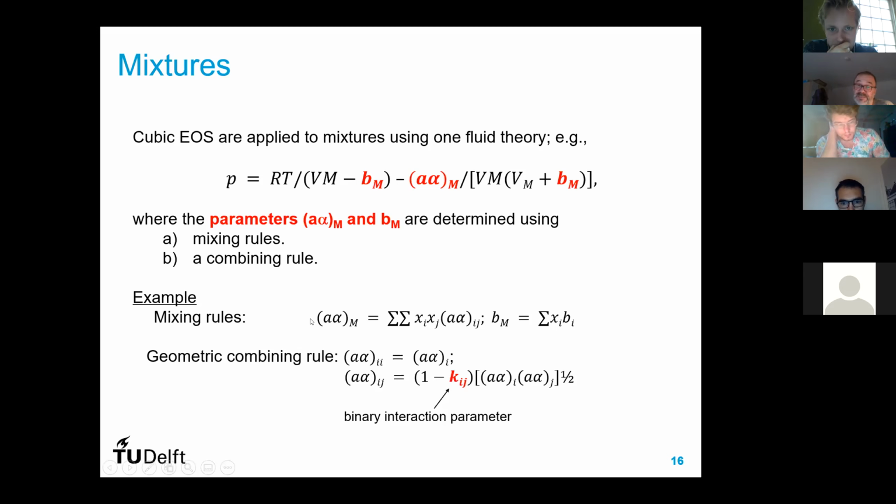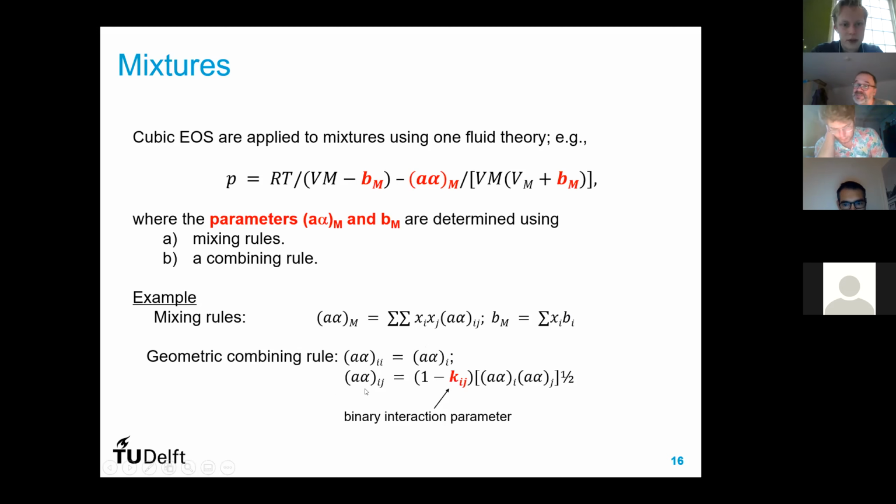And here you can see that if you know X, the concentration of component in phase, and you know your A alpha for each component and your B for each component, then you do these combining rules first. You create this matrix, and on the diagonal you have just A alpha, because this is the interaction between molecules of the same species.